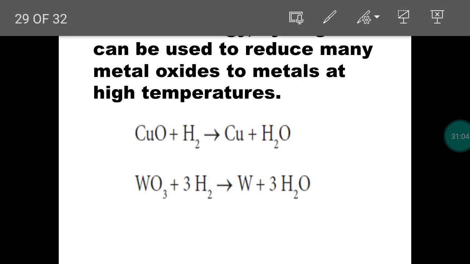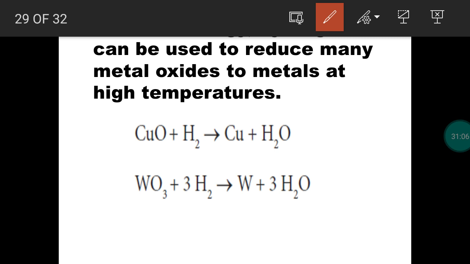Then in metallurgy, hydrogen is a very good reducing agent. Metallurgy means extraction of metal from the ore. When you take copper 2 oxide, from which we have to extract copper, the reducing agent is hydrogen gas. Hydrogen is involved in oxidation, so easily it combines with oxygen.